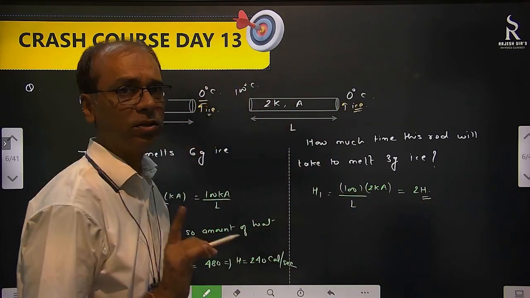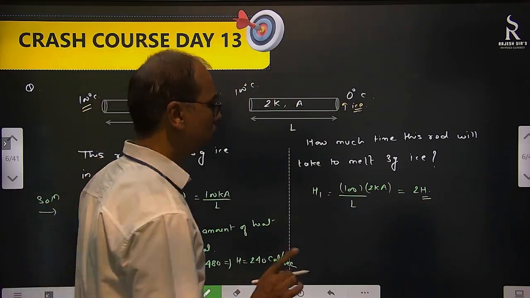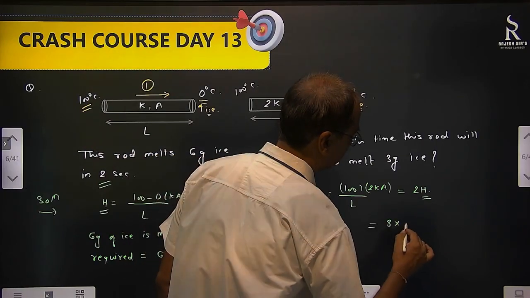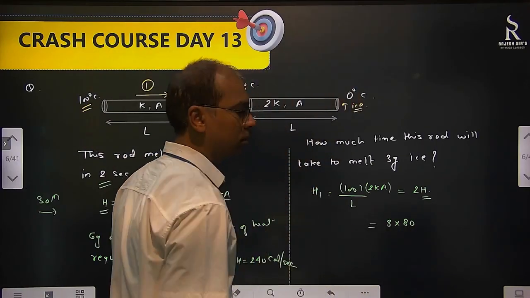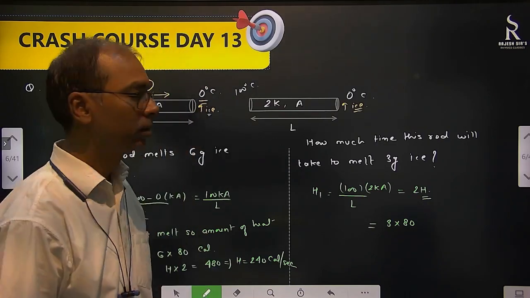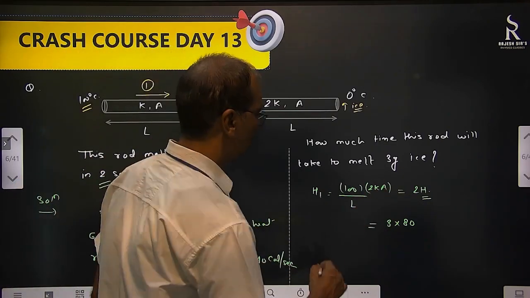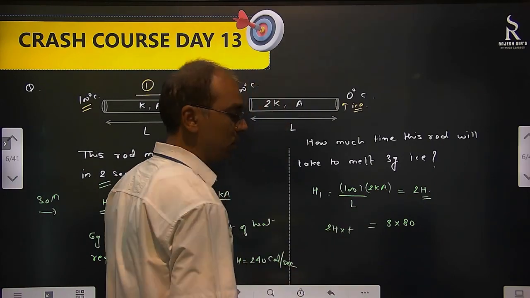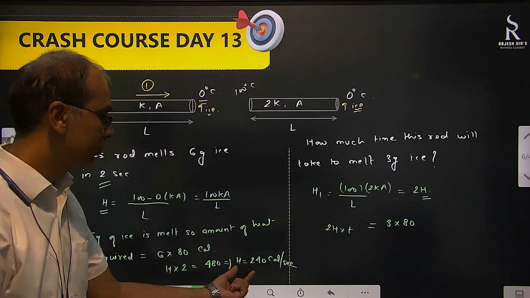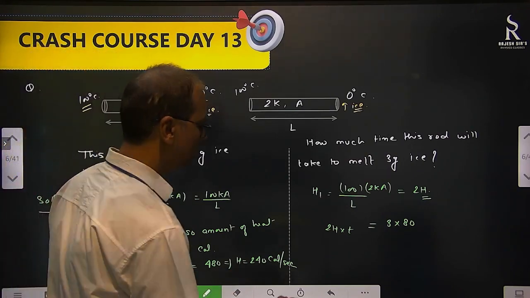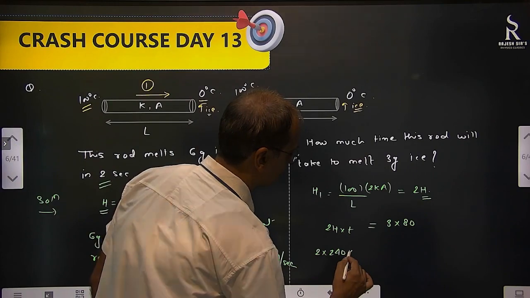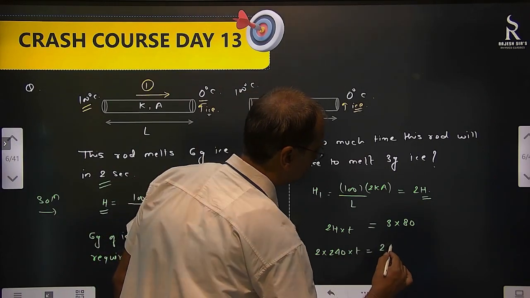Now 3 gram of ice here to melt. So heat required is mL, that is 3 into 80 calories per gram. How much heat is coming? 2H. And how much time is it going to take? Let's say T, T is what is being asked. 2H means 2 into 240, into T, equal to 240.